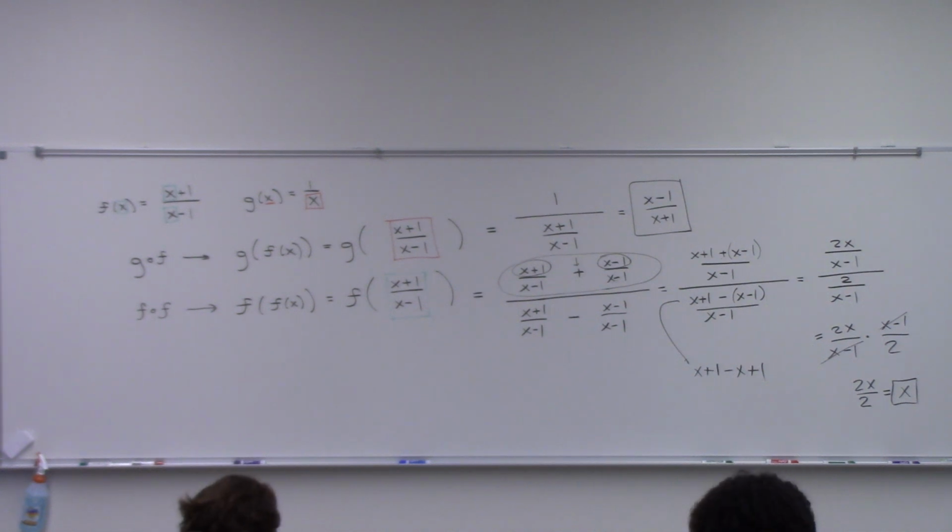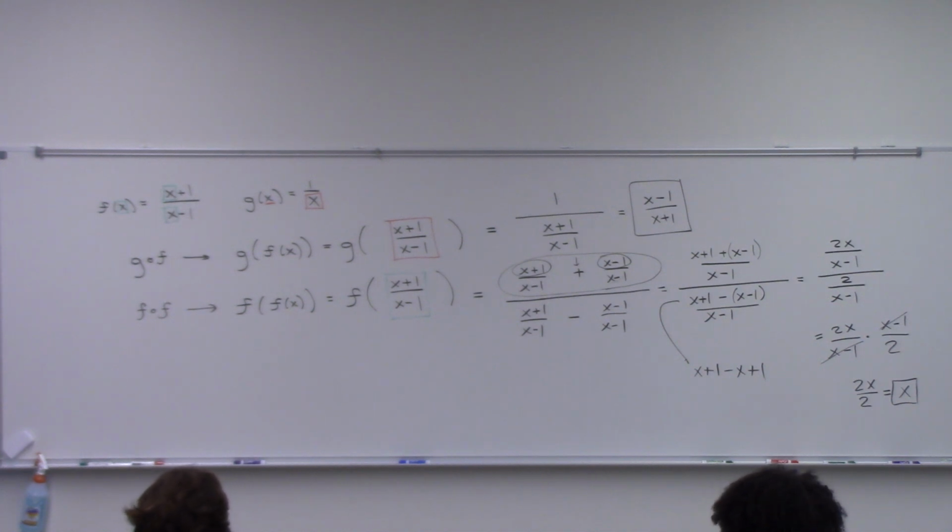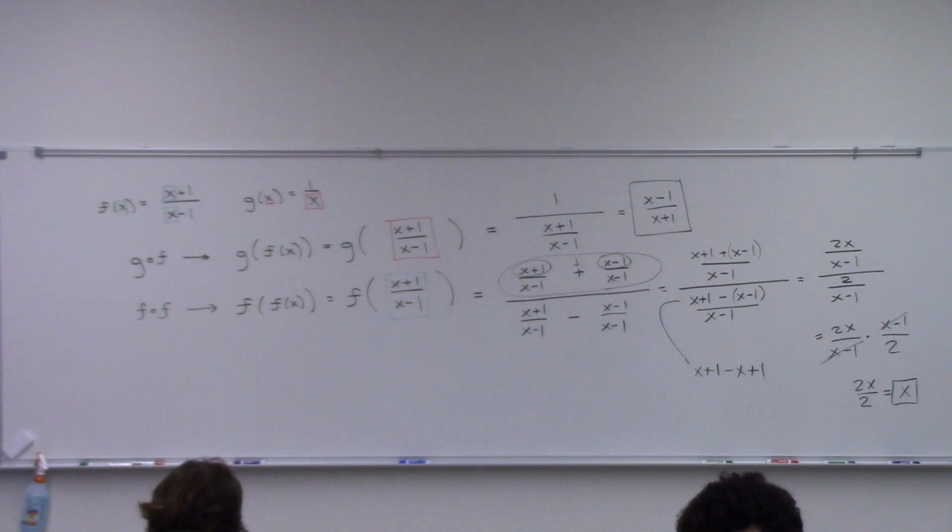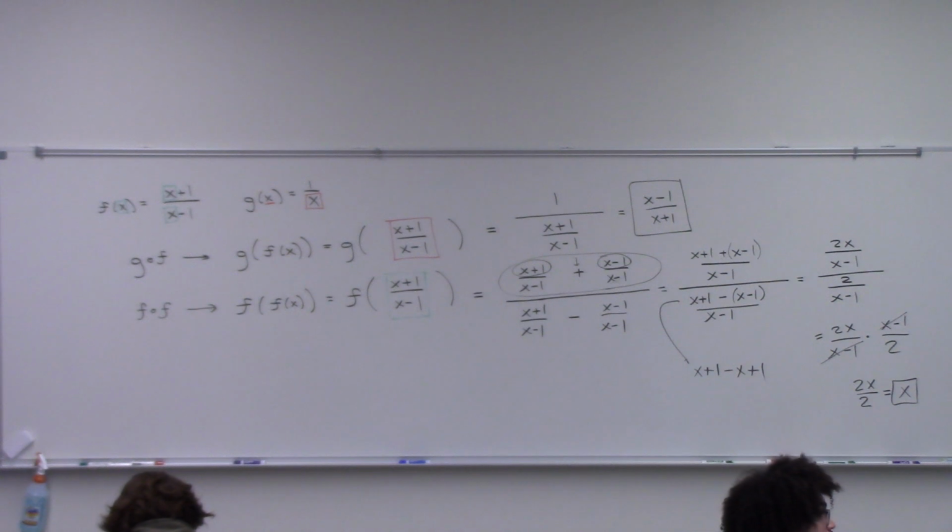So it was page 511, 4 through 6. How about 8 through 10? So 8 through 10. Number 8, I'm not going to go through this one. This one says, hey, look at this function. It's 1 to 1. They want you to graph its inverse.